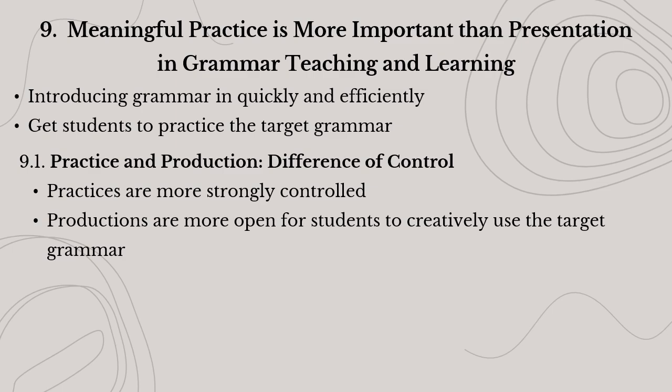The practice stage can be strongly led by teachers because they want students to be prepared. Here, teachers want to make sure that their students truly know and are able to use the target grammar correctly to a certain degree before allowing them to produce on their own freely in the production stage, where they expect very minimal mistakes of the use of the target language.